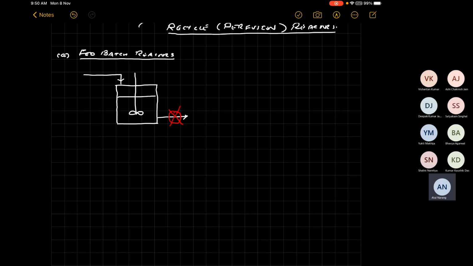The only growth rate at which you can grow them is the maximum specific growth rate, which may not be the best, right? It may very well be the case, and this is often the case, that they actually do much better at growth rates much lower than the maximum specific growth rate. But the batch reactor is giving you no control at all.